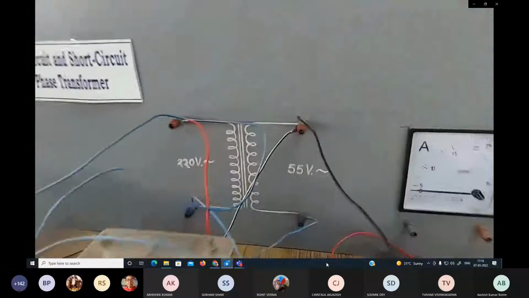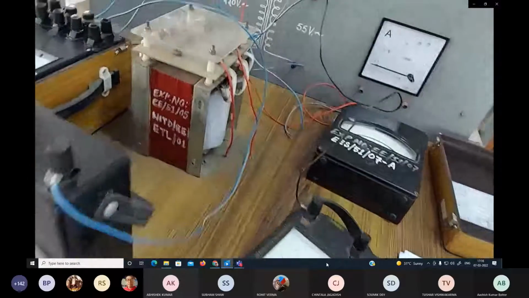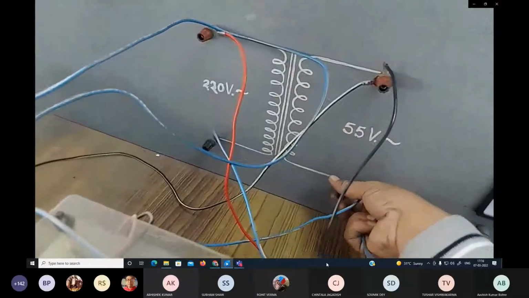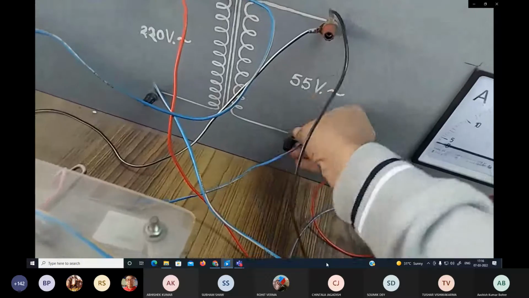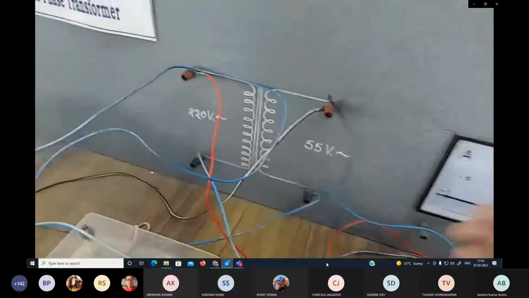This one terminal I have connected here, at 150. This is the 150 volt side. I am connecting here in the negative terminal of 55 volt. This connection was not connected earlier, that's why I am doing it here.